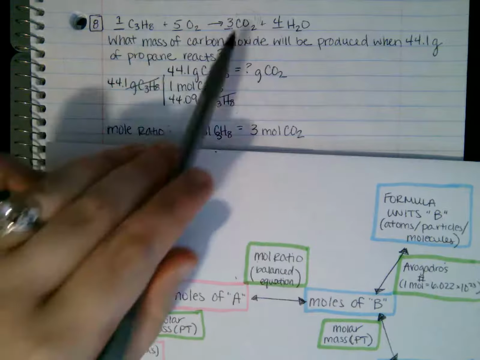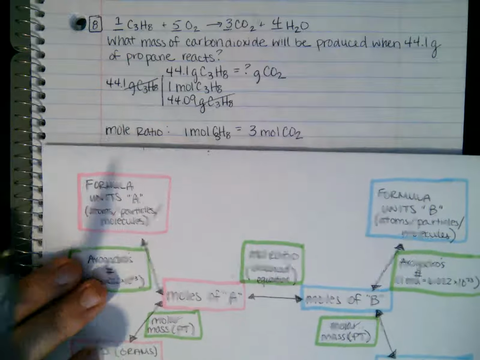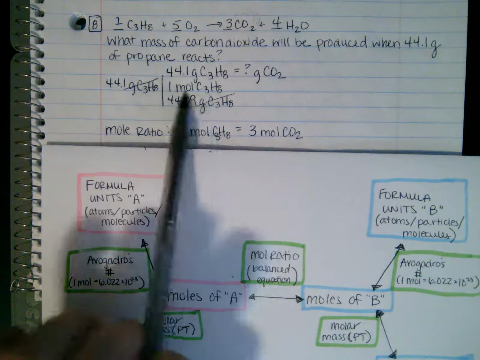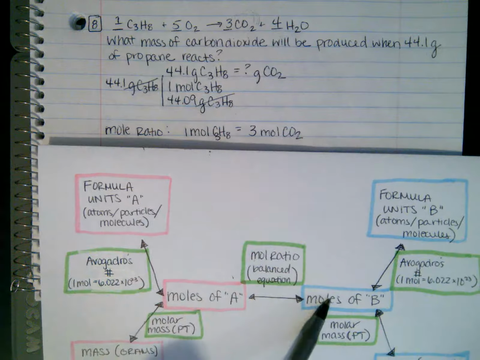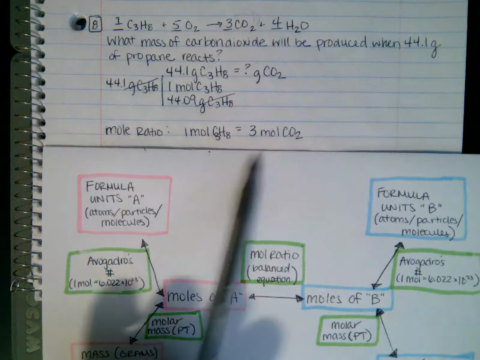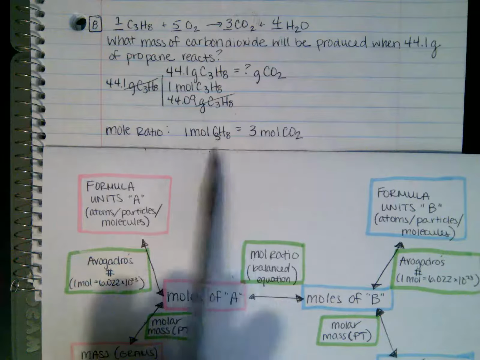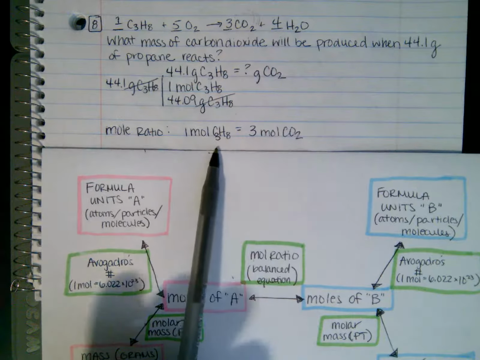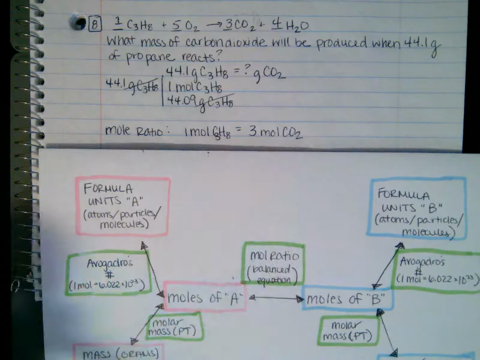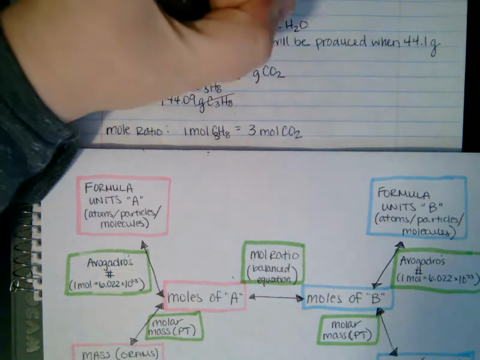Every one we input is going to give 3 out. So we know when we're going from moles of propane, which is where we're at, to moles of carbon dioxide, we need to use that mole ratio. Anytime you have an equivalence like this, you can turn it into a conversion factor. You just need to make sure you know which half goes on the bottom and which half goes on the top of that conversion factor.